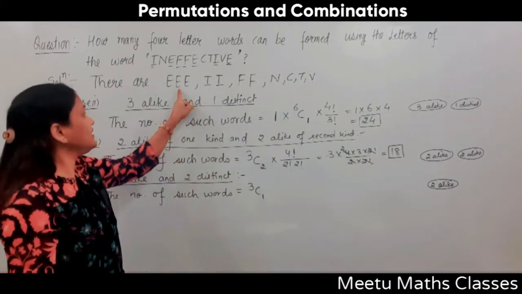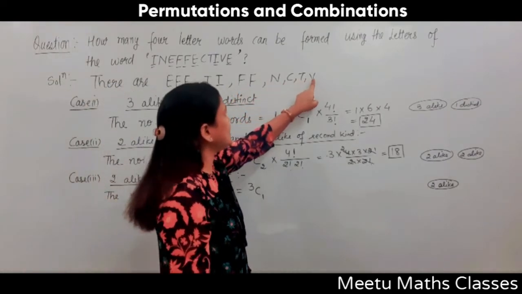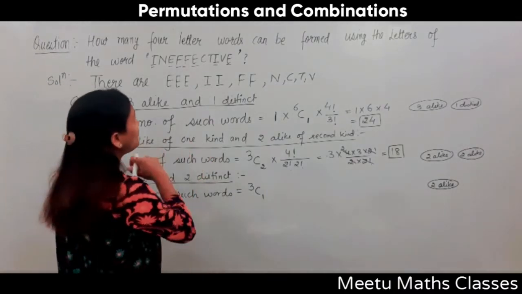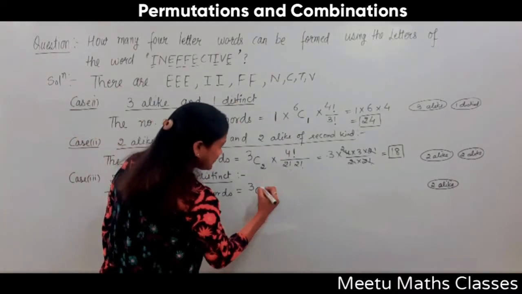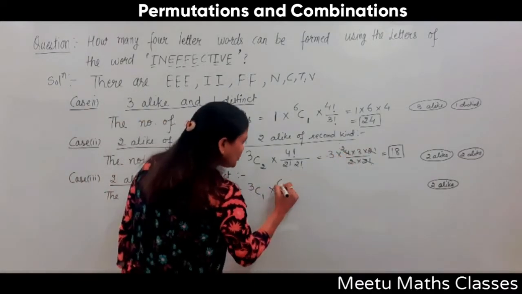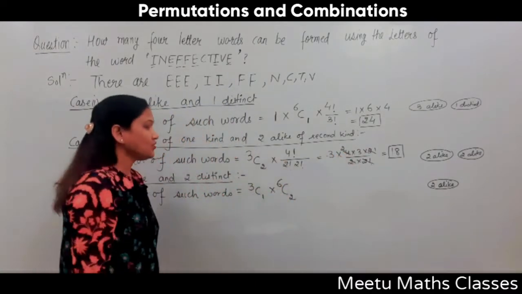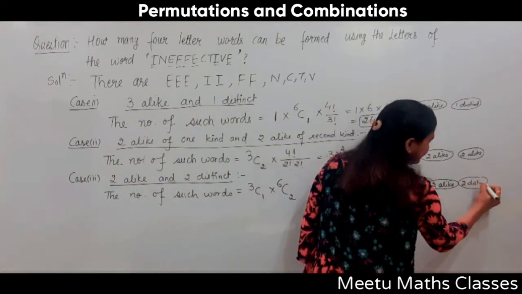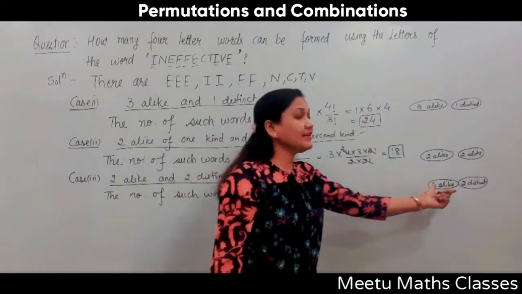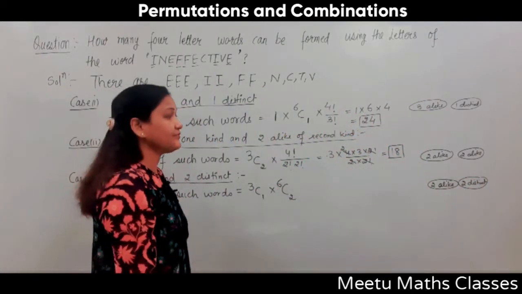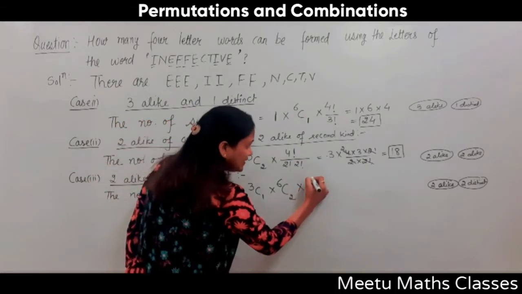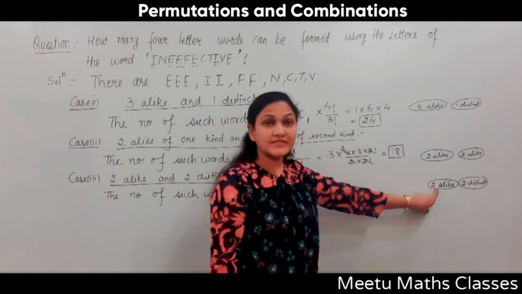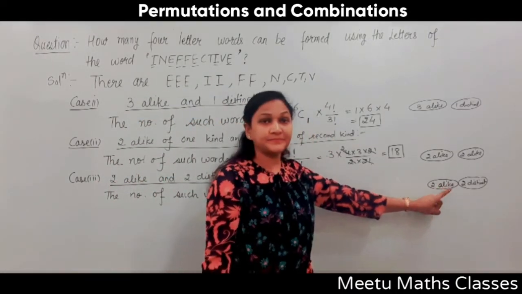Now we have E, F, N, C, T, V available. So 6 distinct letters are available, and out of these 6 distinct letters we are going to choose 2 distinct letters. So now you have 2 distinct letters chosen as well. And now we are going to arrange these 4 letters. We are going to make 4-letter words, and it can be done in 4 factorial ways, but we divide it by 2 factorial because in these 4 letters 2 are alike.